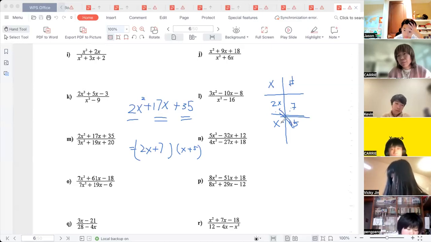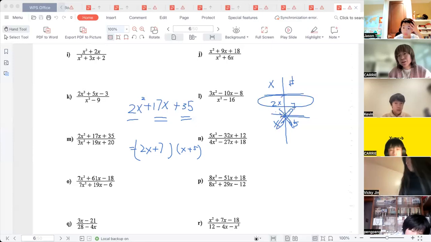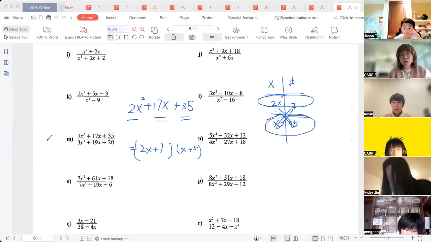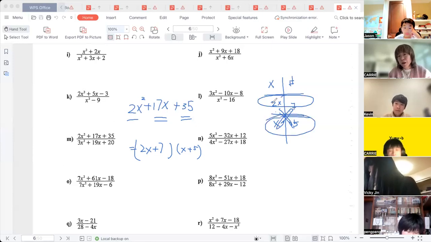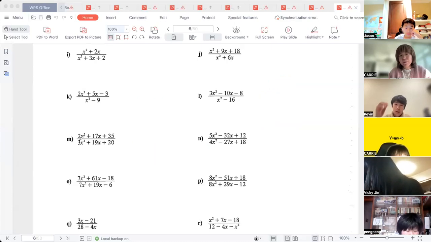Andy, Vicky? And 7x. But when you write it, the equation is 2x plus 7 times x plus 5. And if it's negative 7, then it would be 2x minus 7. Okay, so now everybody do the denominator together.